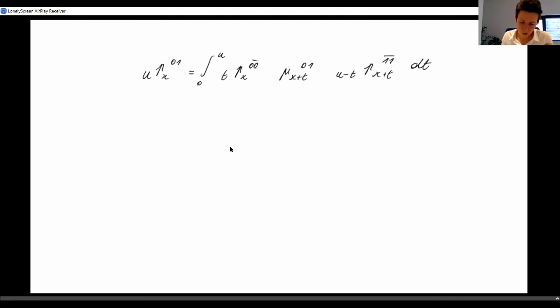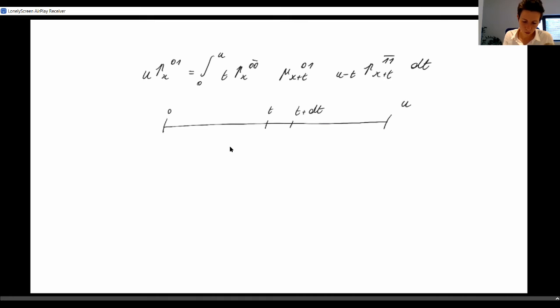But now we can picture a timeline that gives us a lot of intuition about what we're doing here. We're looking at a timeline from 0 to u. We put a point t and t plus dt in between, right? t is smaller than u.